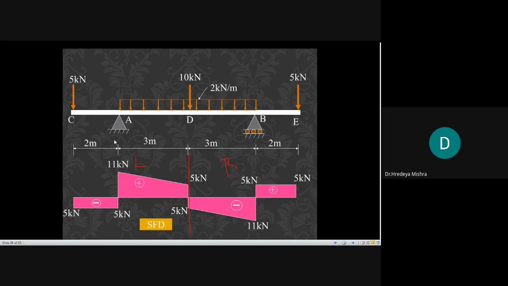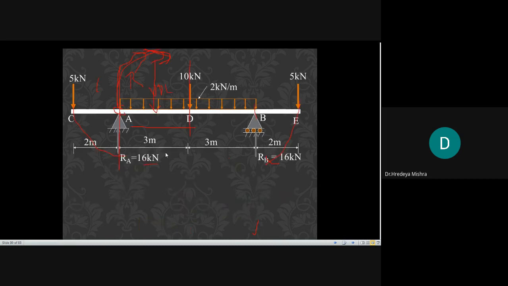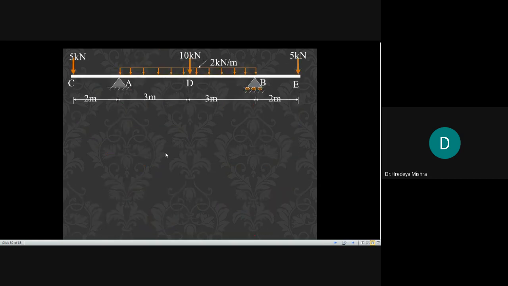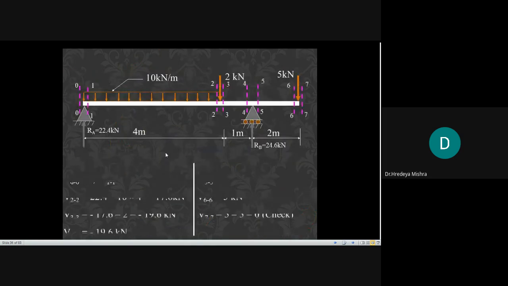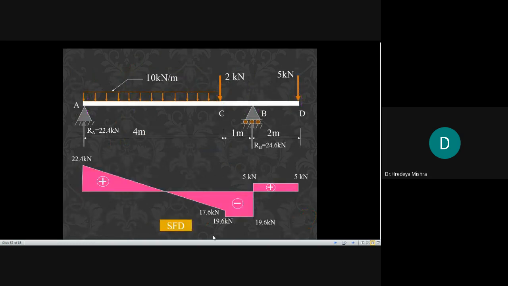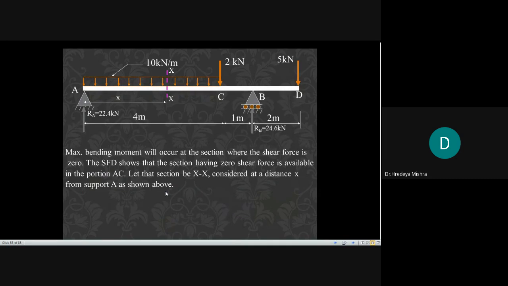This is 2 meter, and from here this is 5 meter. So we don't calculate this point. But in the current problem, which we are going to solve here, this point is an unknown point. That's why we have to calculate this point here at the x section.